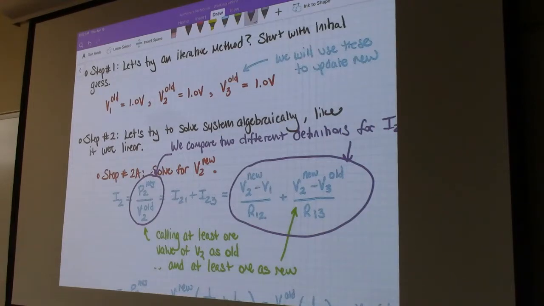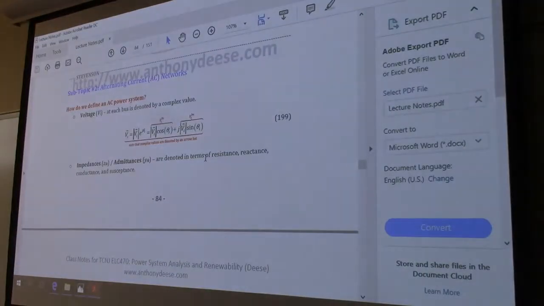All right. So now, AC networks. How is dealing with the AC network going to be different?